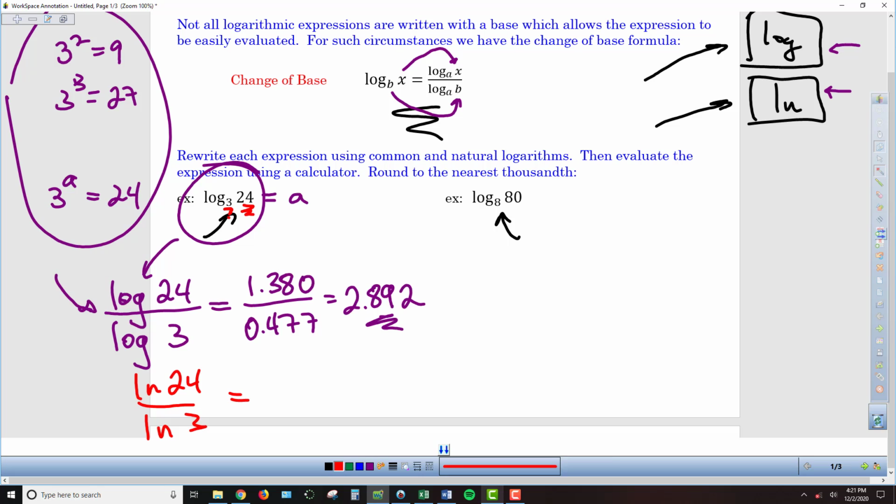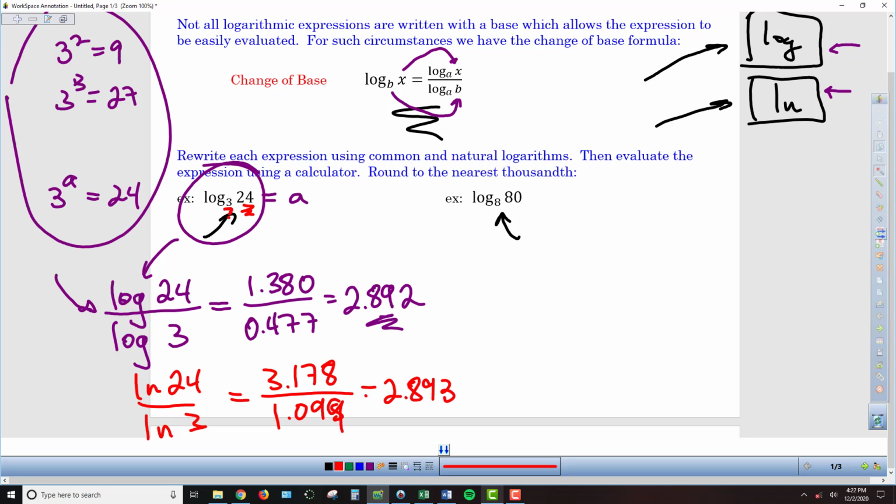Natural log of 24 is 3.178. We round off to the nearest thousandth. And then the natural log of 3 is 1.098, or 99. Sorry, if I round off correctly. And then if I take those two answers and divide them, I'm going to get 2.89.